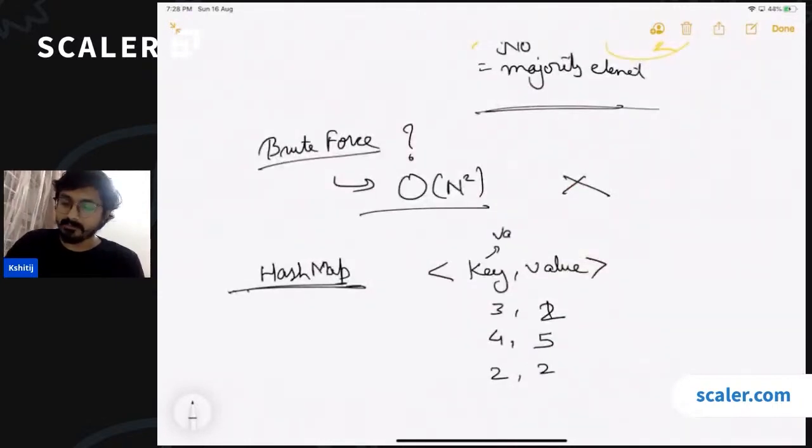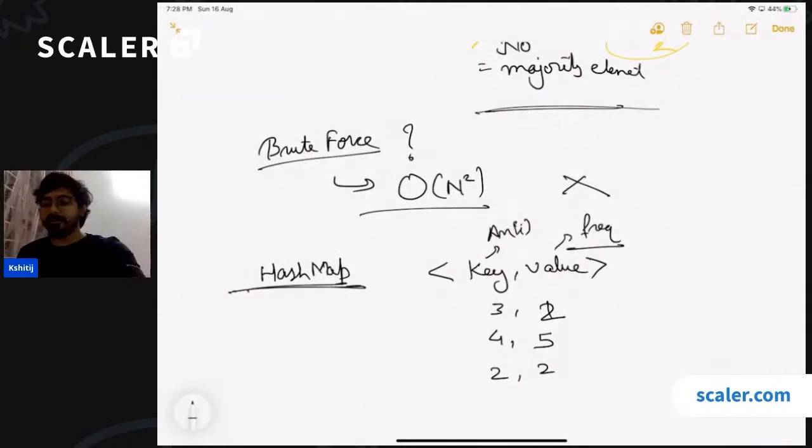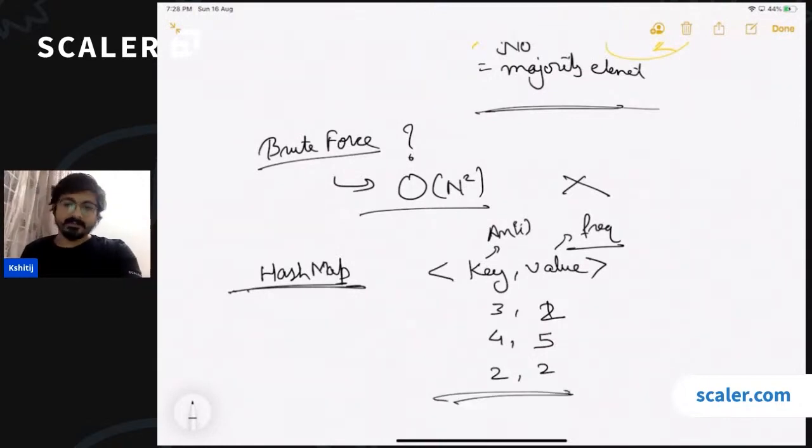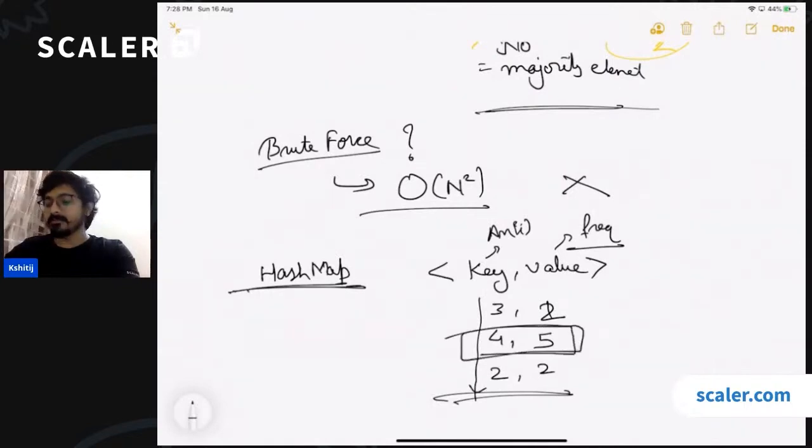This is the value, the array element, and this is the frequency. After you have made this complete map, you can iterate over all the keys and you can figure out which of them is the majority element. This is one of the approach.